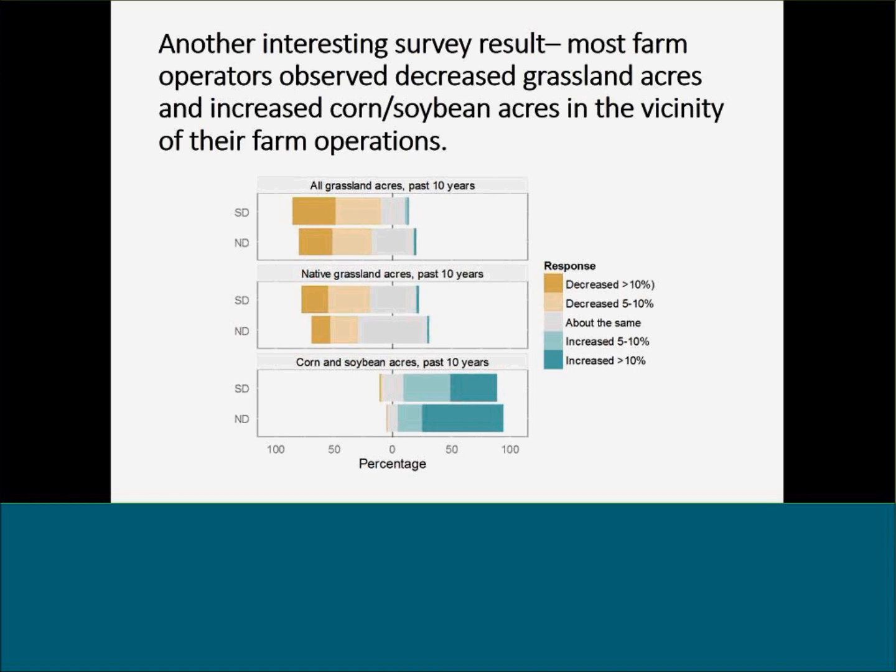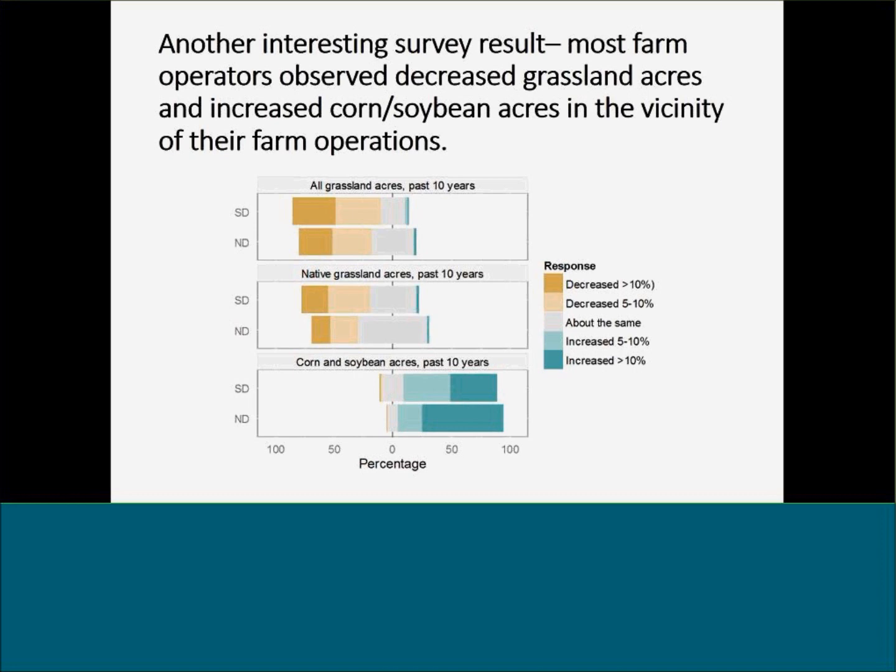A smaller proportion reported decreases specifically in native grassland acres. Pretty much none of them reported seeing an increase in grassland acres. And when we look at corn and soybean acreage, pretty much all of the respondents saw an increase in corn and soybean acreage.